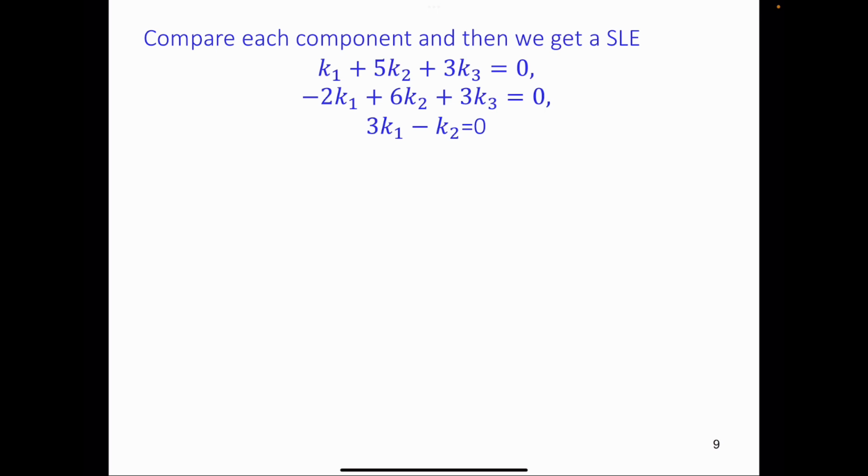We end up with a system of linear equations, and we want to solve the system of linear equations because we want to know the possibilities. We want to know the solutions for K1, K2 and K3. Therefore, we solve the system of linear equations to get the values of K1, K2 and K3.